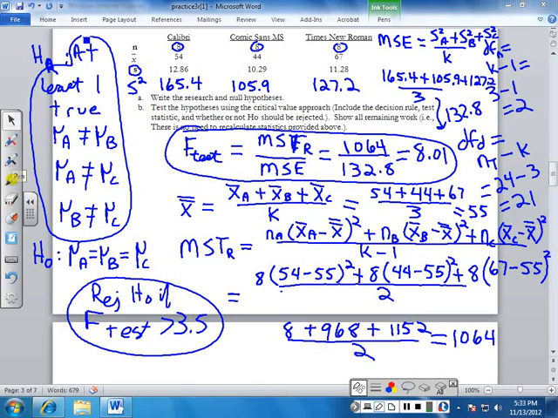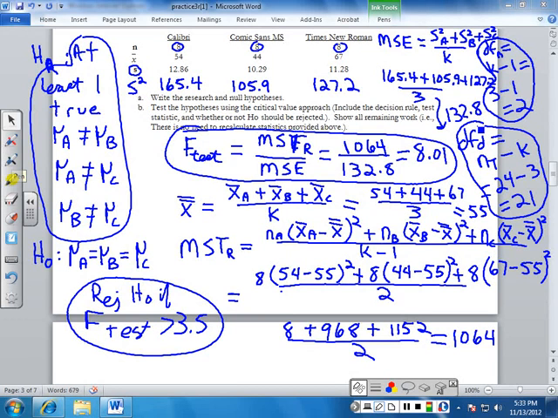Okay. For the degrees of freedom for the numerator, it's K minus 1, where K is the number of groups, 3 groups, 3 groups minus 1. And then for the denominator, it's the total sample size minus K. So we know K is 3, that's the number of groups.